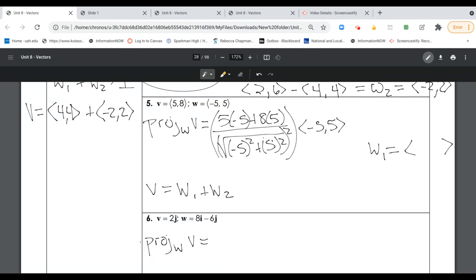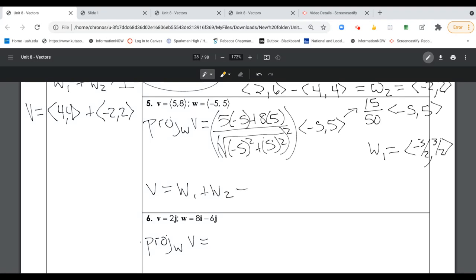When I do that, I get 15 over 50 times negative 5, and that gives me vector W1 of negative 3 over 2, 3 over 2.